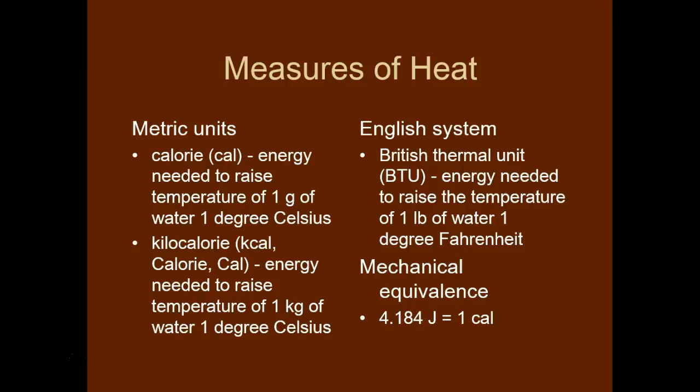So 1 degree Fahrenheit is a little more than half of a degree Celsius. But a pound is a whole lot more than a little c calorie. So there are some other conversions we'll get to, but here's one more on this slide.